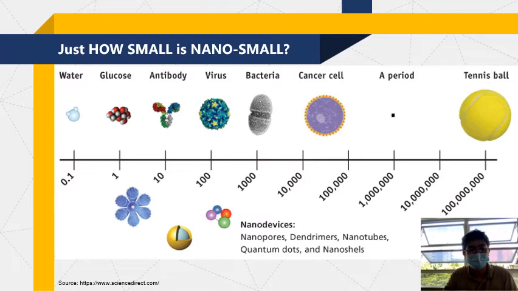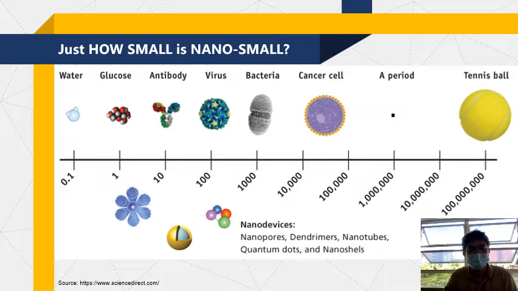So for further view of how small a nano is, these are some examples. If you look at it, a molecule of water, its size in nanometers would be 0.1. A glucose molecule would be 1 nanometer in size or length rather. An antibody would be 10 nanometers.